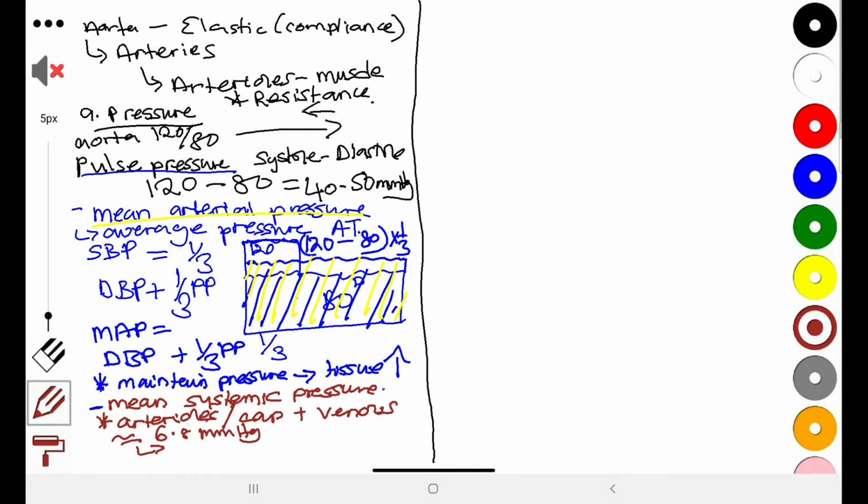So it maintains usually the venous pressure. So we'll come back to this, I guess, when we're doing the venous end of things. So while the MAP, mean arterial pressure, is for tissue, the MSP is really for the venous pressure maintenance.